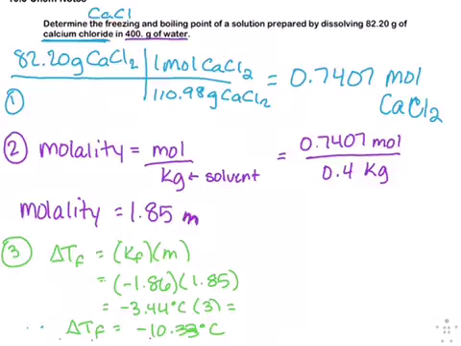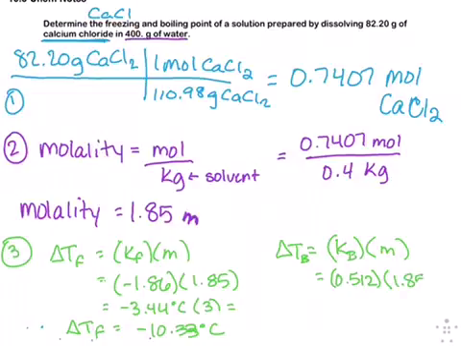And then we need to do it for the boiling point. Delta TB, B for boiling, our KB times our molality. Our KB from the table is 0.512. You look for water, and you use the right-hand side of that table for this, and our molality stays the same.